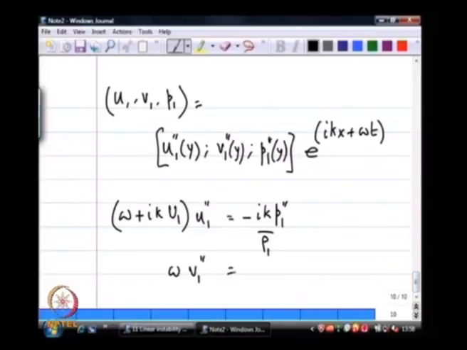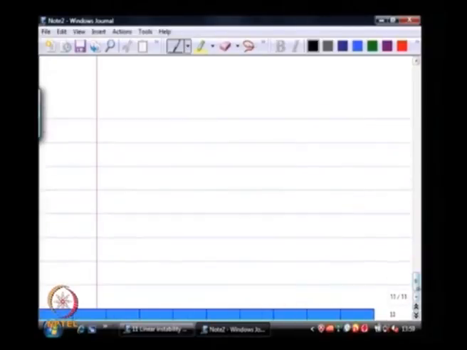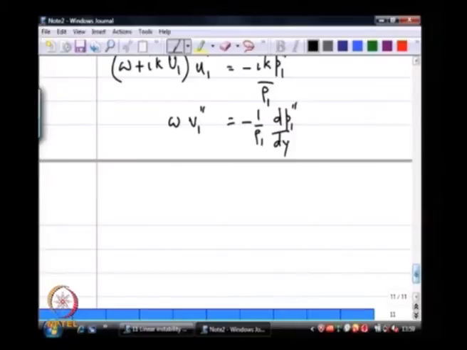Omega v 1 double prime is minus 1 over rho 1 d p 1 double prime dy, and the last one is I k u 1 double prime plus d v 1 double prime dy equal to 0.